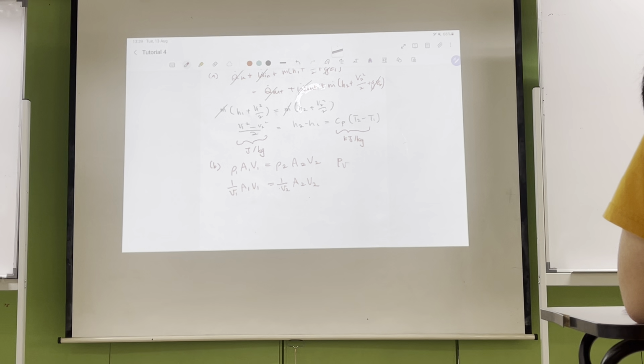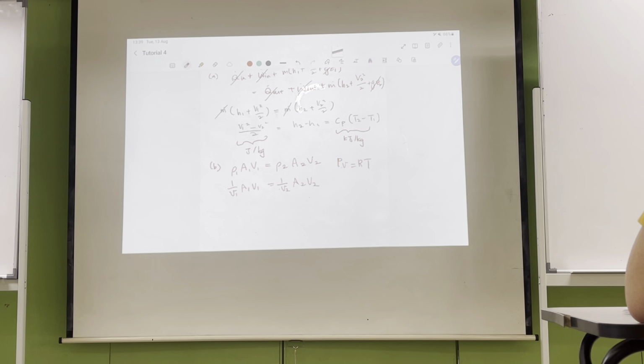So Pv equals RT. So P1v1 equals RT1 and P2v2 equals RT2. Same thing, right? So from here, if you move everything around, then this becomes P1 over RT1 times A1 V1 equals P2 over RT2 times A2 V2.